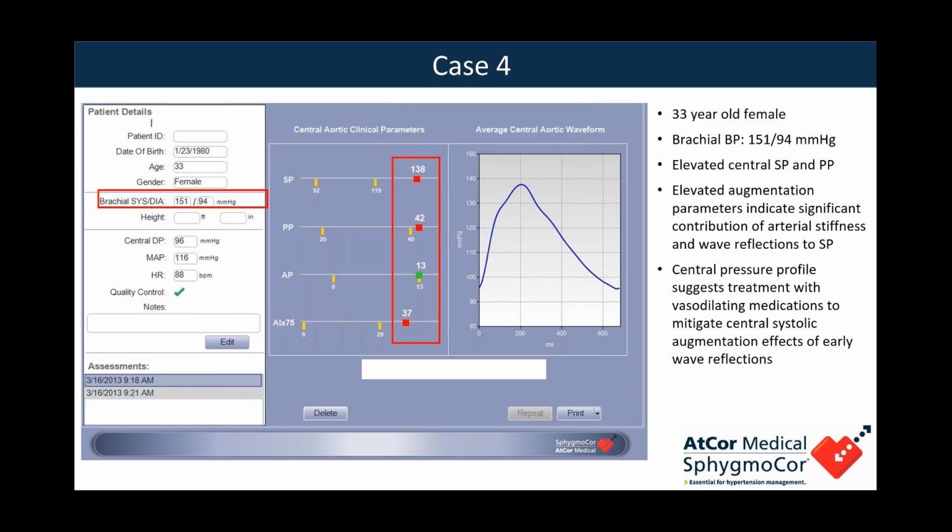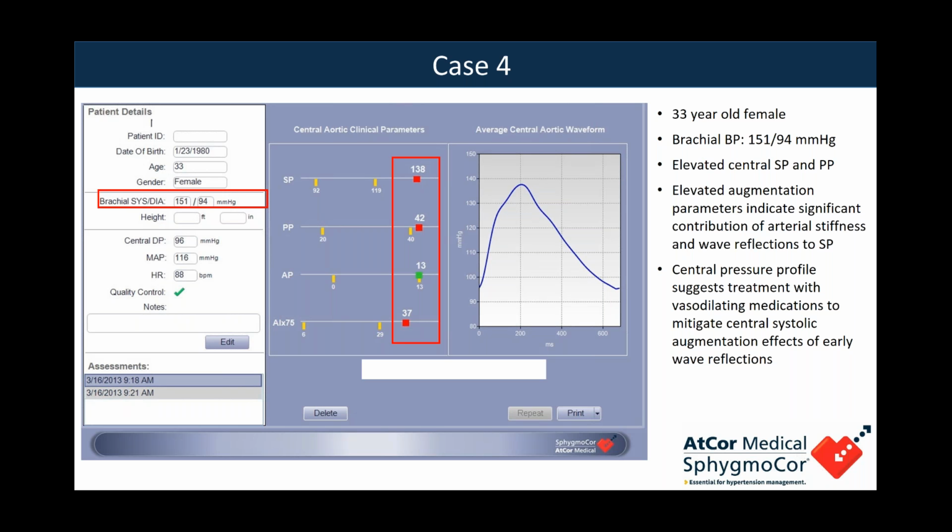Beta blockers slow down the heart rate and therefore delay the incident wave. And what they do is they actually merge the incident wave with the reflected wave more frequently, thereby causing a higher augmentation pressure. This sort of explains why studies with atenolol and other non-selective beta blockers are associated with much worse outcomes than studies with other vasodilators.